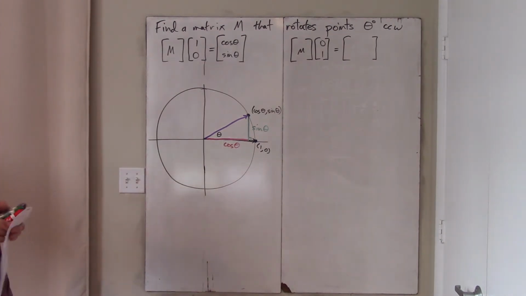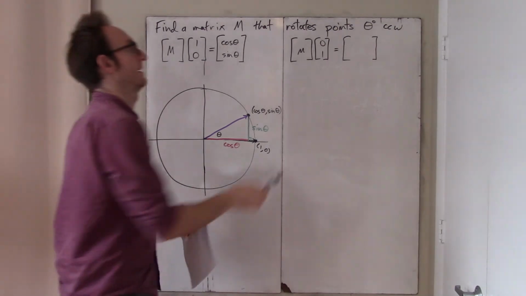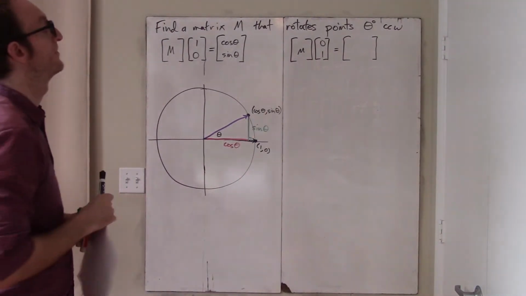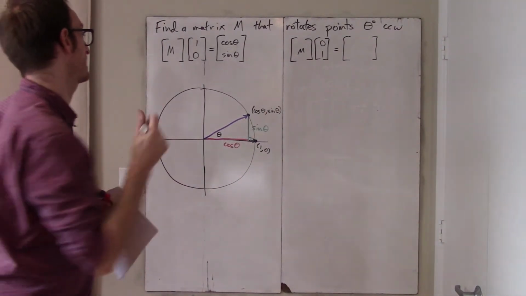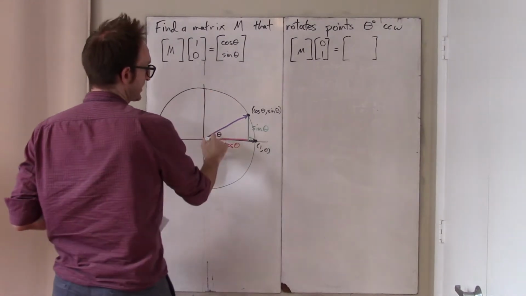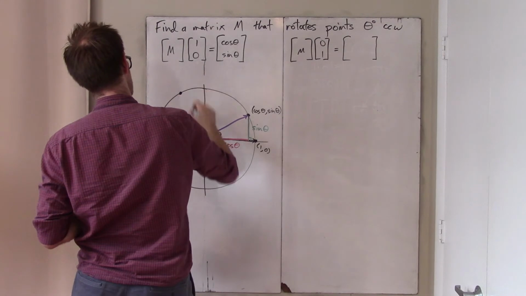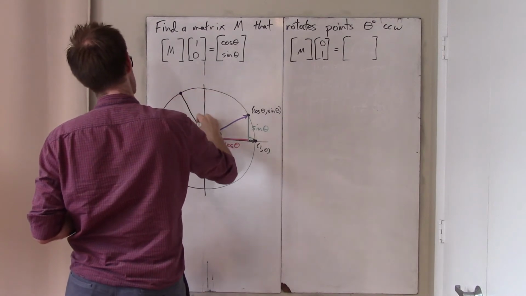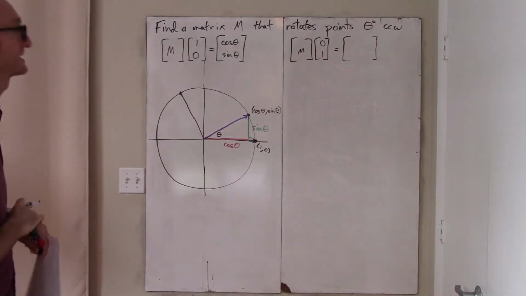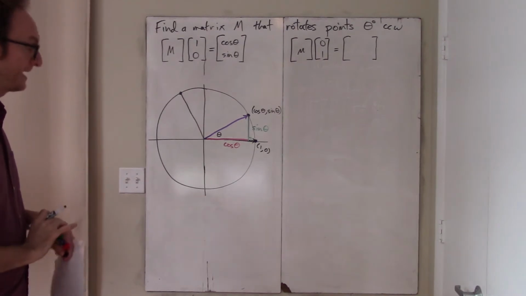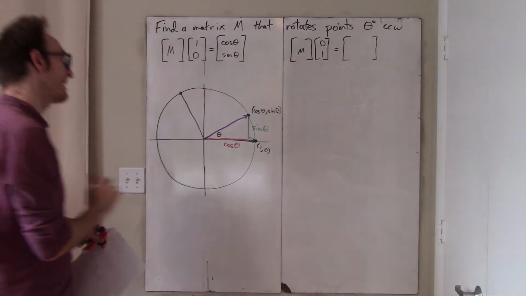How about the other one? What happens when I rotate the vector (0, 1) by theta degrees counterclockwise? Well, it helps if you've chosen a theta that looks like about 20 or 30 or something like that, big enough to be acute and small enough that it doesn't look like 45.